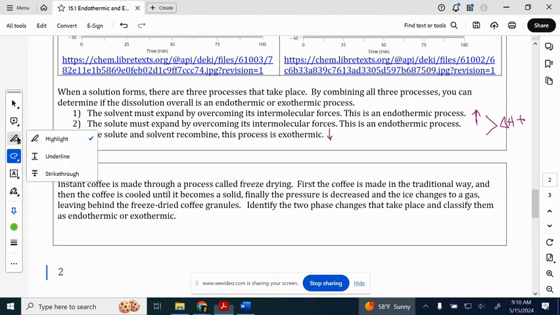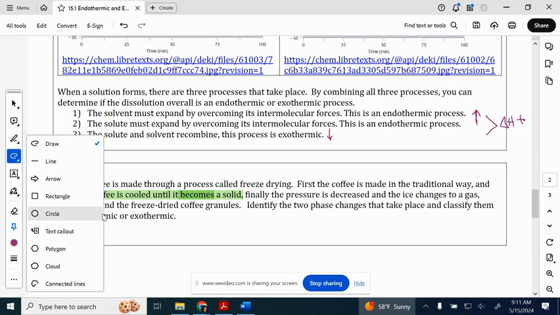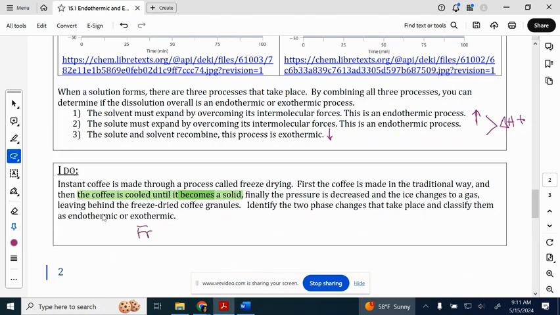All right, so 2 phase changes. We are, first of all, going from coffee is made cooled until it becomes a solid. So it's becoming a solid from a liquid. So liquid to solid is what? Freezing.